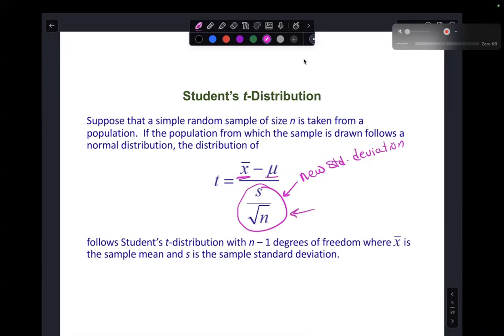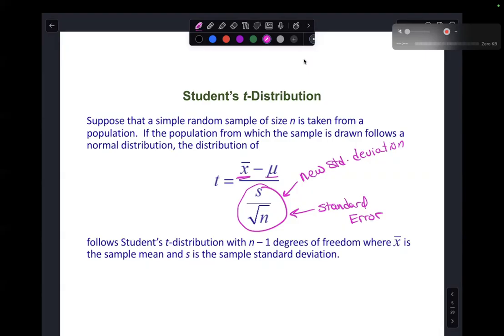They also call this the standard error. This is not the same thing as the margin of error. The standard error is just what we call this new standard deviation. Don't worry, we're going to get there. You'll be fine once we do some examples. The examples are where it's at anyway. I give you all of this information and it makes sense after the example. We'll get you there.